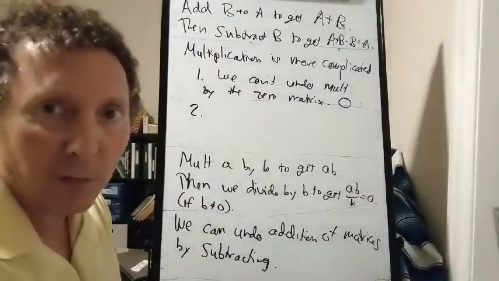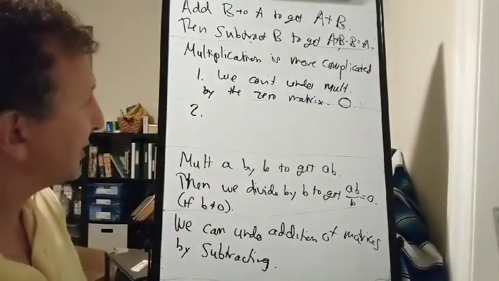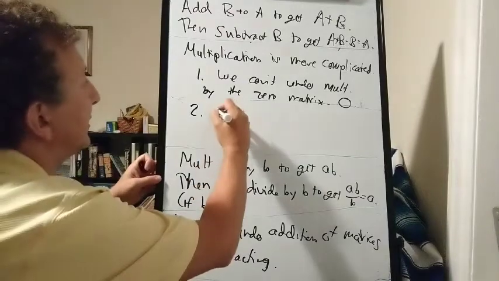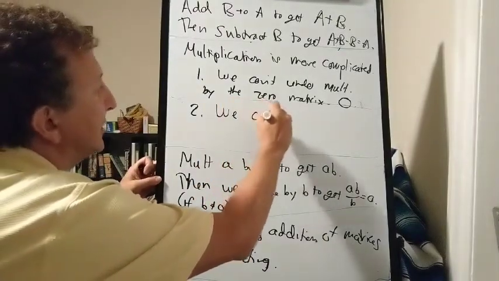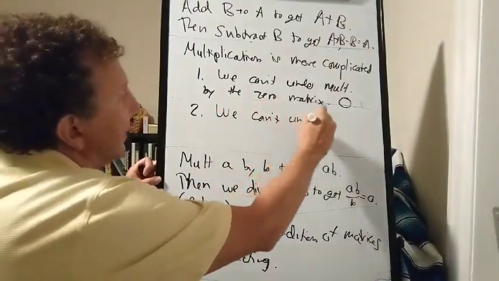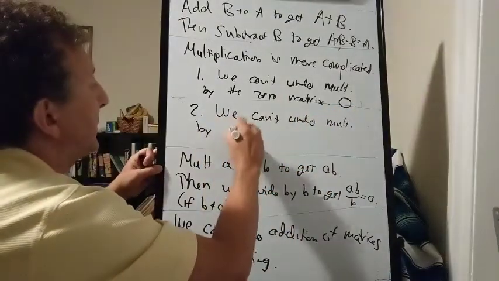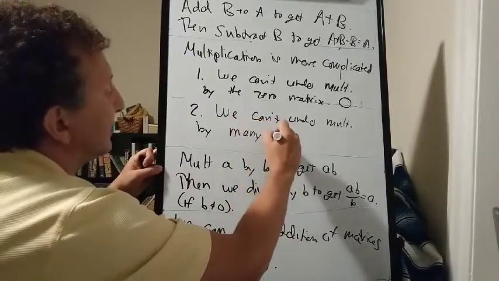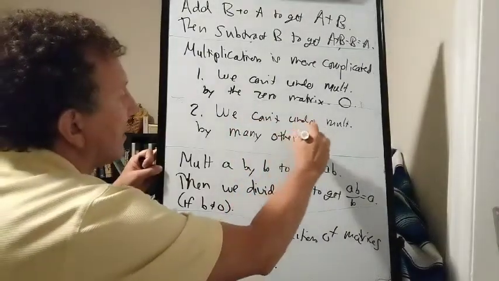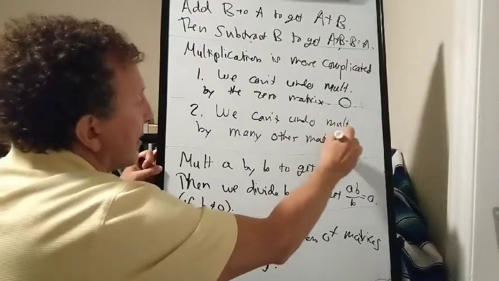Now that's not any worse than numbers so far because we can't undo multiplication by the number 0 either. But unfortunately, we can't undo multiplication by many other matrices either.